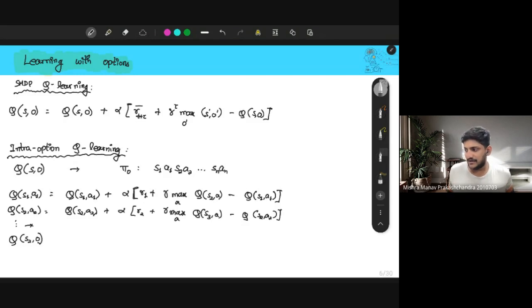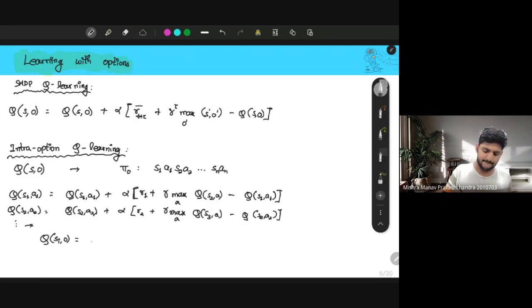So how the update works, I'll just give a generalized update, right? Let's say I have some state Si comma O, which I want to update.